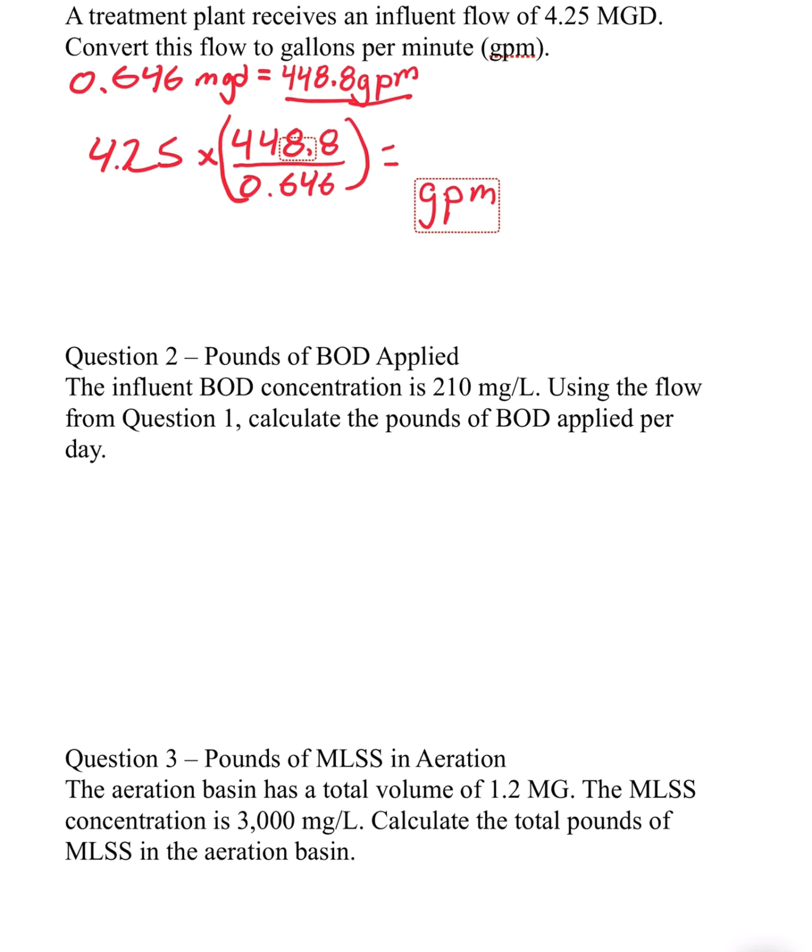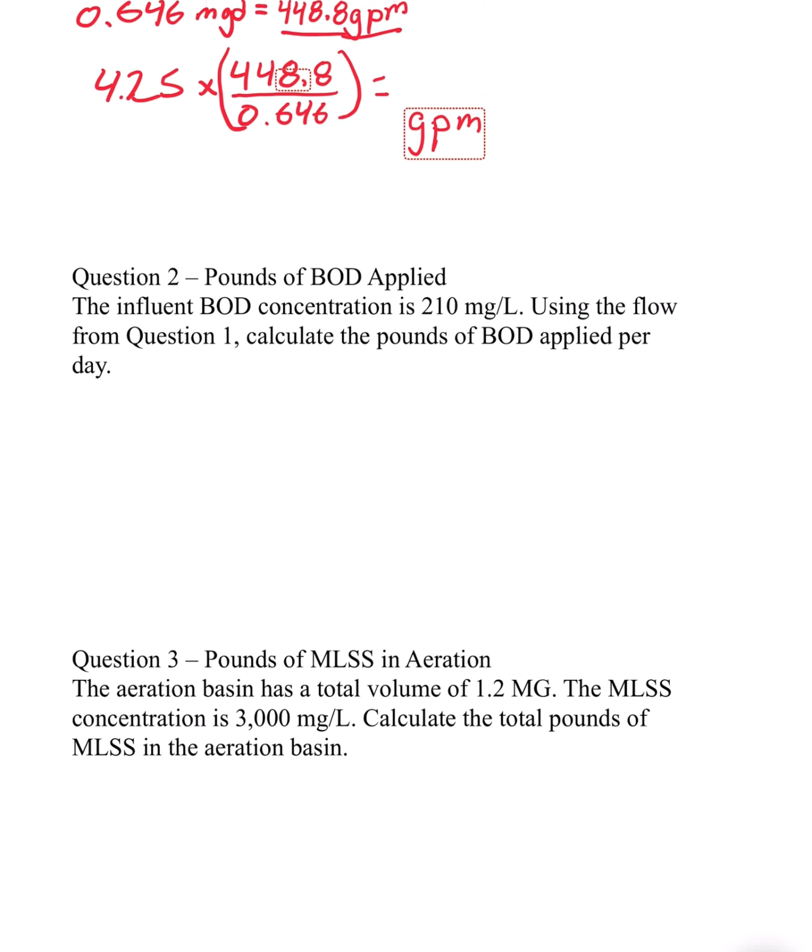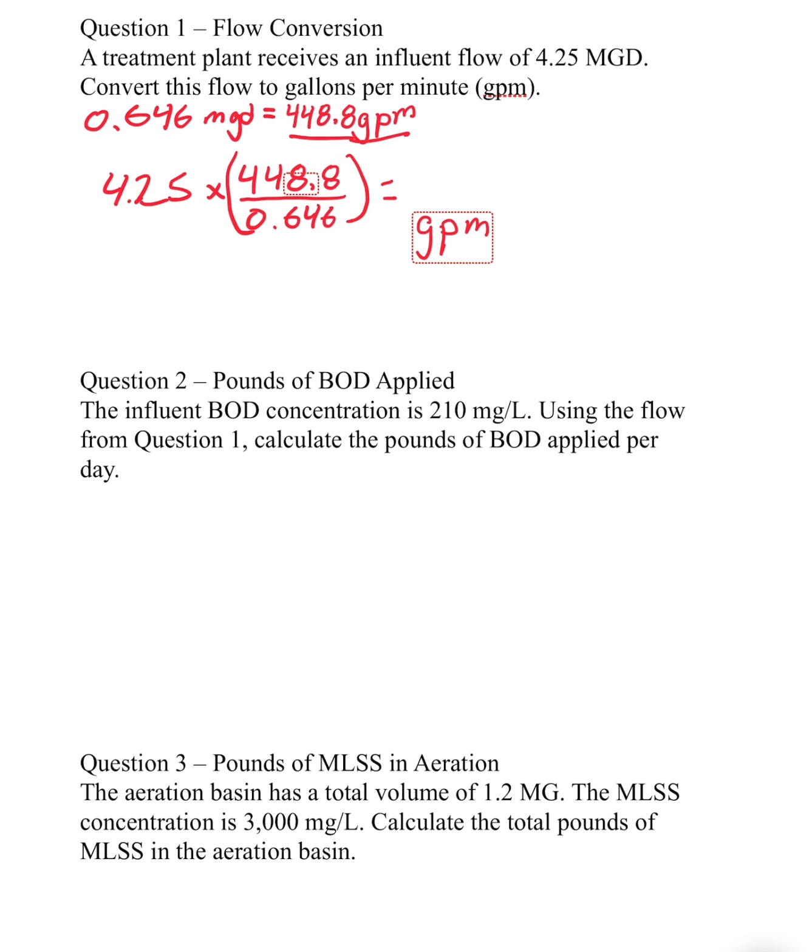GPM. All right, next it says the influent BOD concentration is 210. Using the flow from question one, calculate the pounds of BOD applied per day. So we know our flow is 4.25 MGD and our concentration is 210 mg/L of BOD.